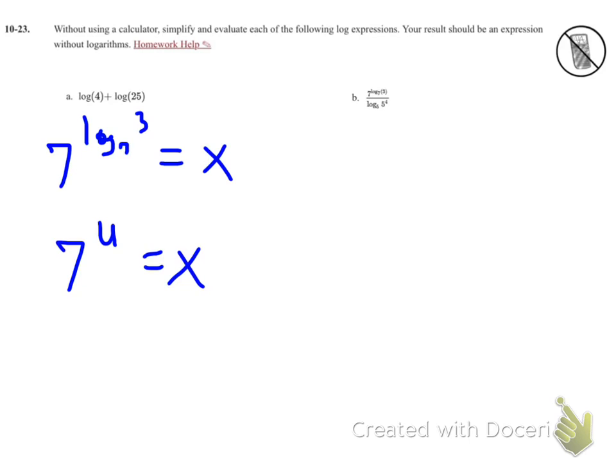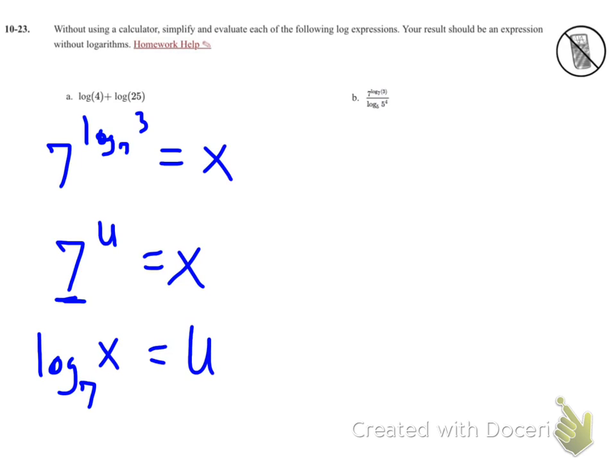If I would switch this problem right here to its logarithm equivalent, I would get, with a base of 7, log base 7 of x equals u.